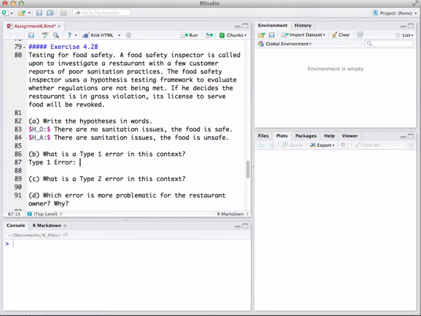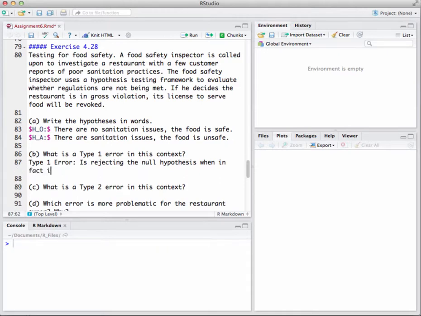Well, type 1 error is rejecting the null hypothesis when in fact it was true. In other words, we falsely reject the null hypothesis, okay?